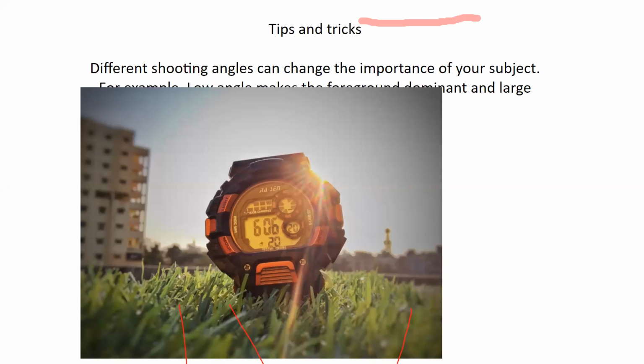Foreground is anything that is closest to your lens. Maybe it's a mobile camera lens or DSLR lens, doesn't matter. Anything that is closer to your lens becomes very large and very dominant in your frame. Now in this watch photograph, if I had kept my watch somewhere behind, this grass would have dominated the image. I don't know who captured this, but it's a really good photograph.